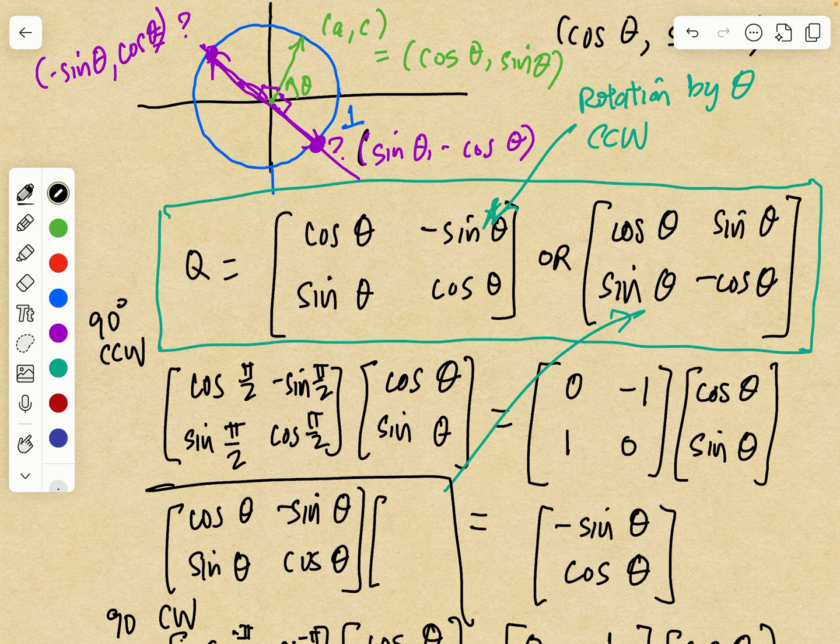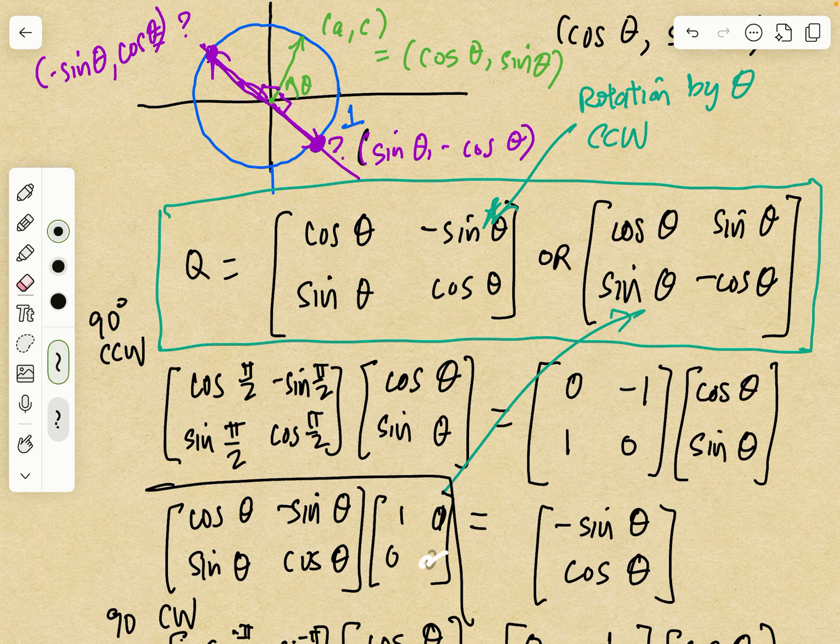Maybe it's this one? Let's check. What am I doing? No, this is certainly not correct. I think it's 1, 0, 0, negative 1. I don't remember off the top of my head. I think it's this. Yeah. It's going to be that.